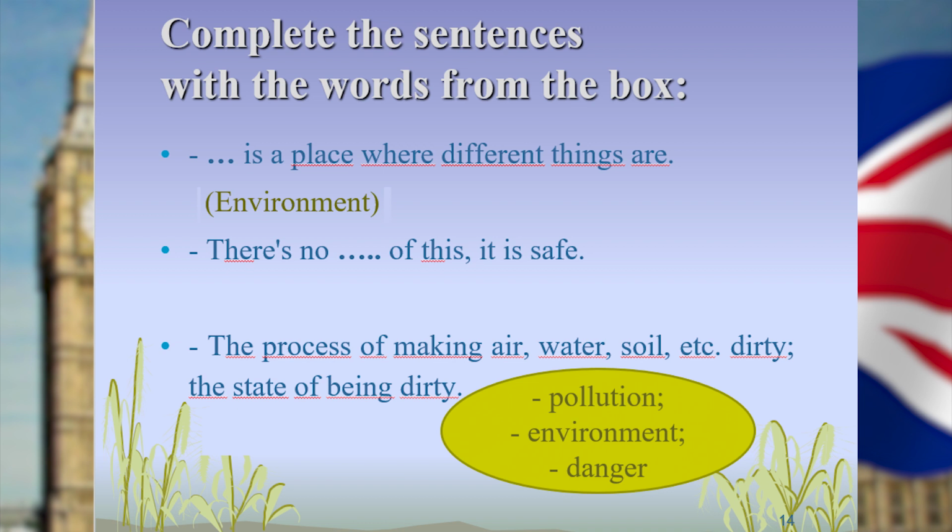What do you think of it? What is it? Yes, you are correct. Danger. And the third sentence is: the process of making air, water, soil, etc. dirty, the state of being dirty. And the last word from the box is pollution. So great of you. You see, if you try hard, you succeed. None and nobody is perfect.